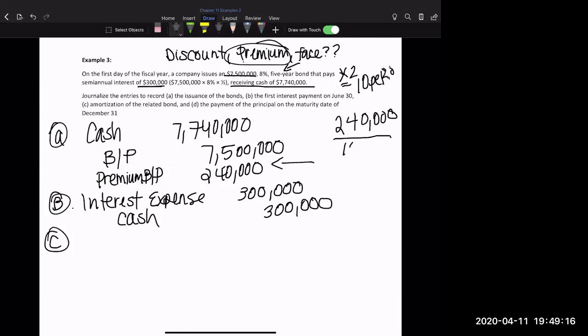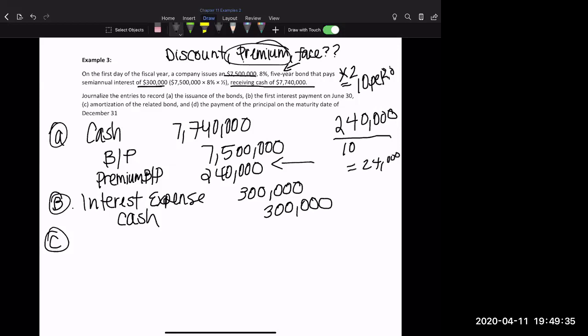That means the amount we're going to amortize semi-annually is 240,000 divided by 10 periods, which equals $24,000.